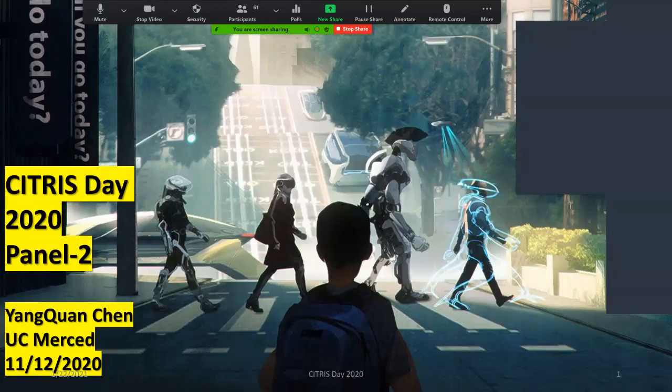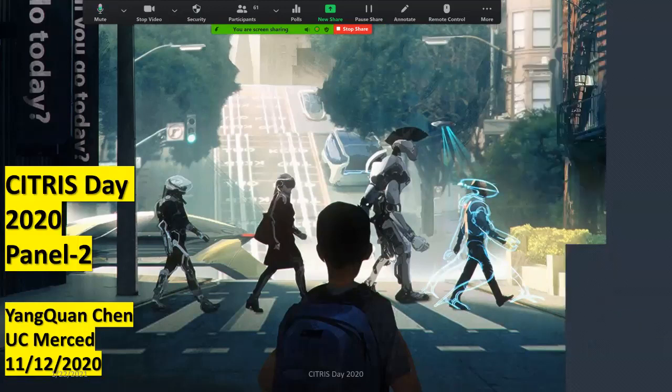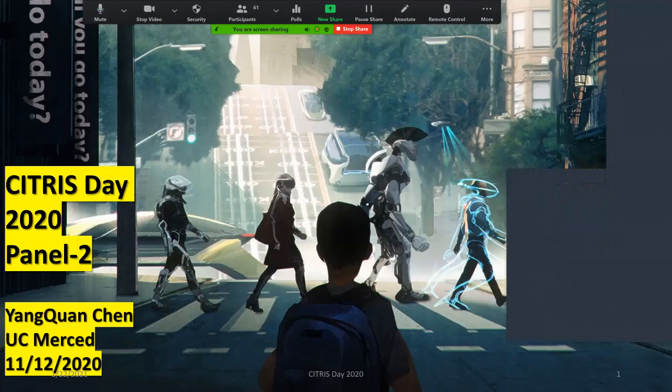So Skynet, yeah, it's from Skynet. Perhaps this is a typical scenario in the future in San Francisco. Okay, Roberto, you are right.